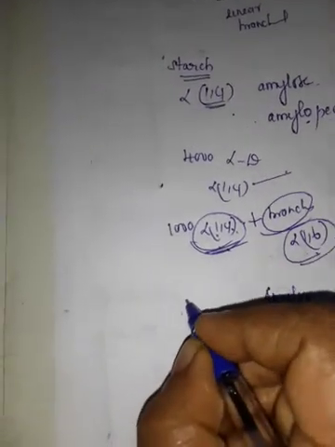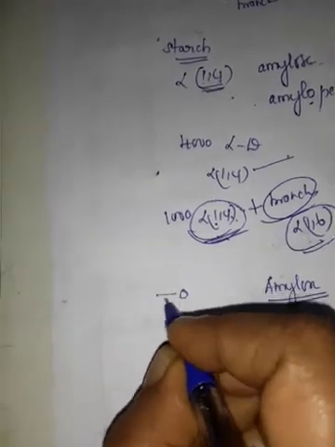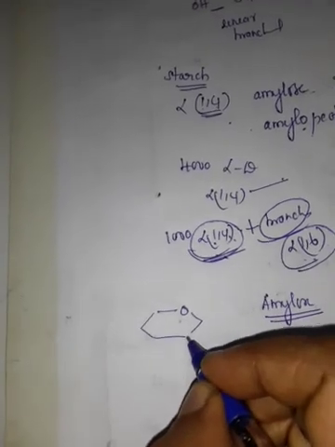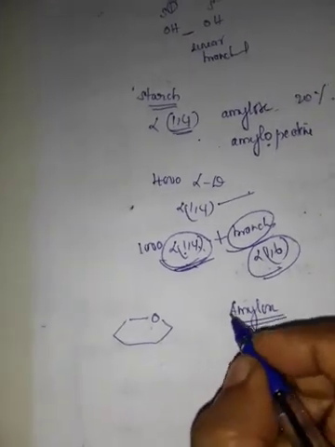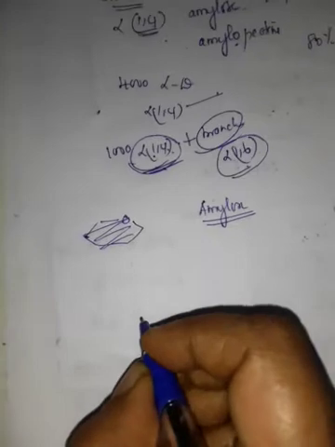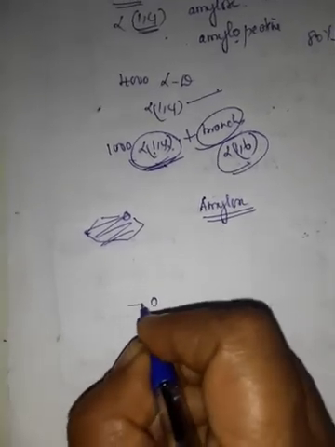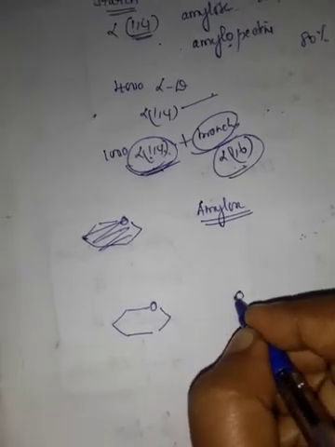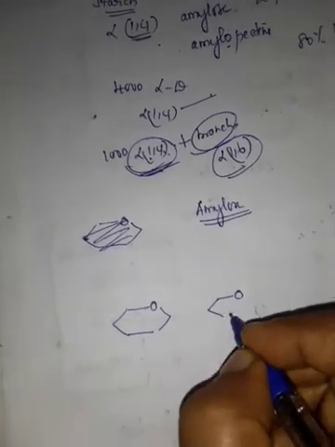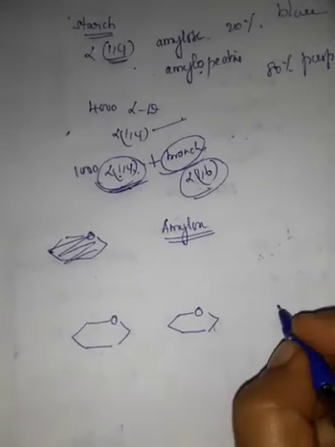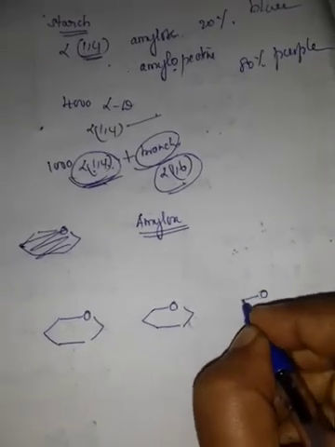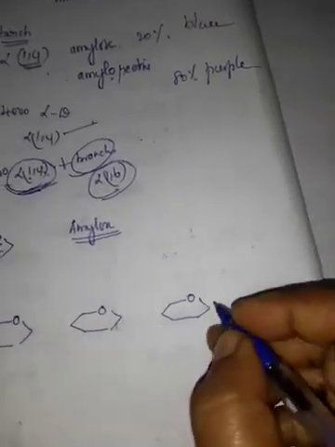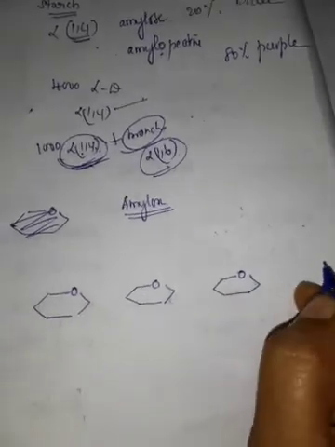Alpha D glucose units. Three or four you can write. Anyhow, all are the same molecule only.